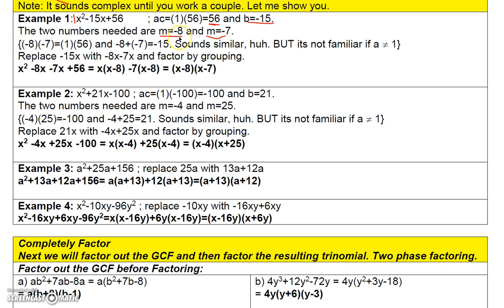Once we determine that the two numbers are negative 8 and negative 7, we can replace negative 15x here with negative 8x minus 7x. So notice right here, I'm going to rewrite the trinomial, but I'm going to replace the negative 15x with negative 8x minus 7x.